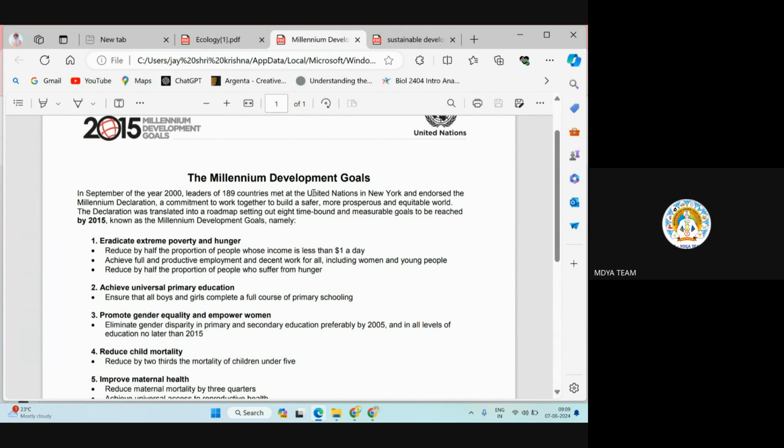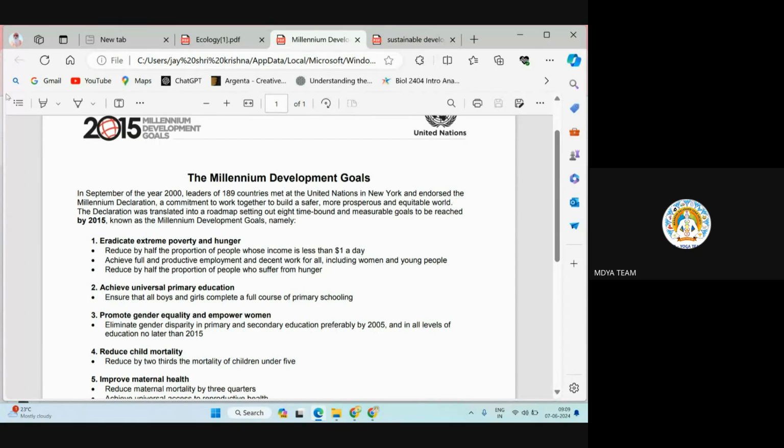So the Millennium Development Goals they started in September 2000, and eight goals they set. These eight goals were to be achieved by 2015, and these were known as Millennium Development Goals.